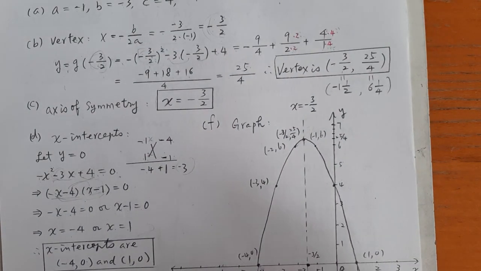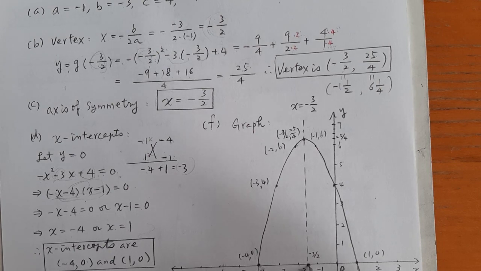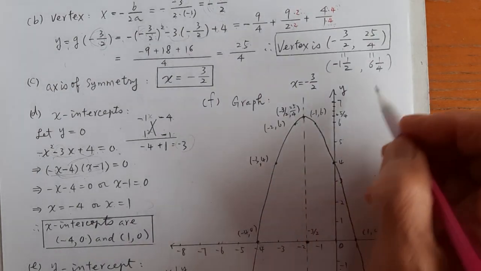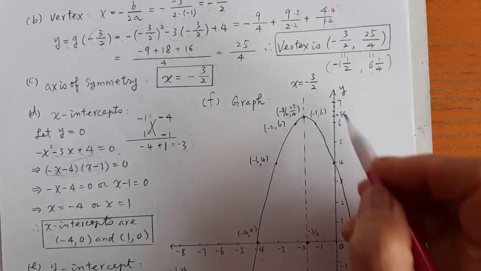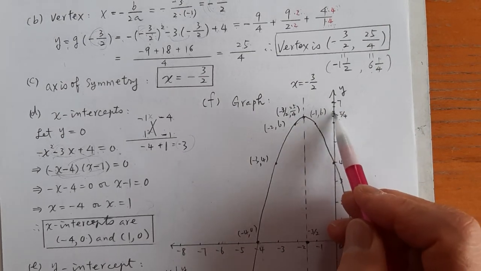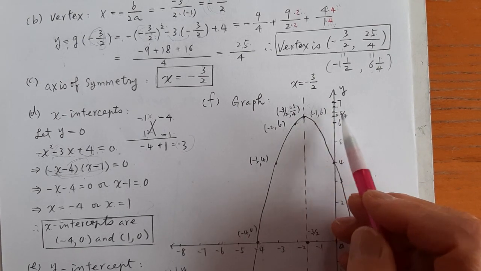So between -1 and -2, right in the middle, is -3/2, and 6 and 1/4 is between 6 and 7.